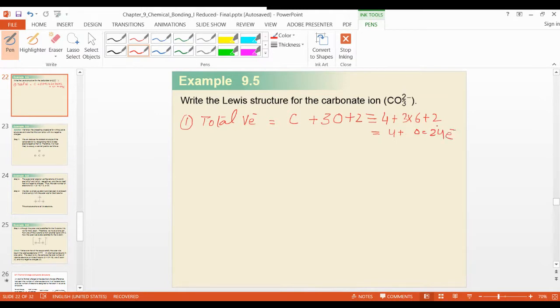So 24 electrons you have to distribute into the formula. Now the second thing we have to look at. The first is done. The second point is what? Look at which is the least electronegative element.